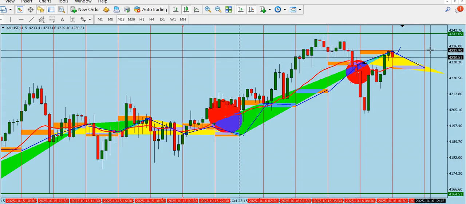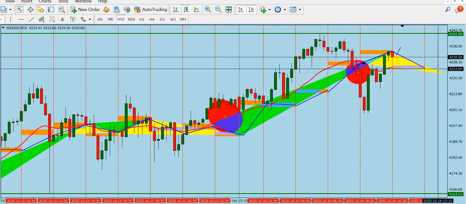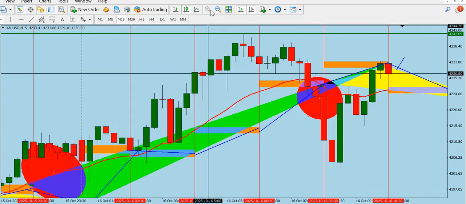If price breaks above 4234, we might take a bullish position. If price breaks below 4224.89, we might take a bearish position.